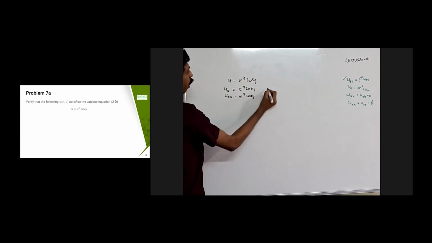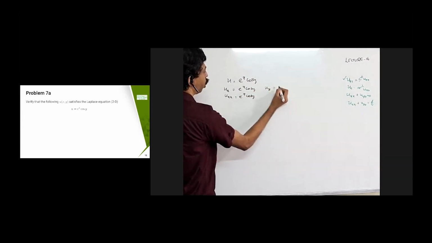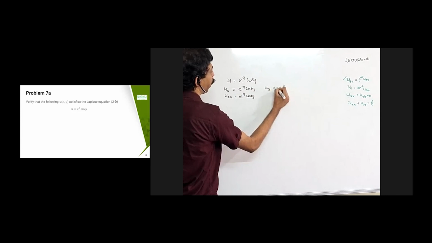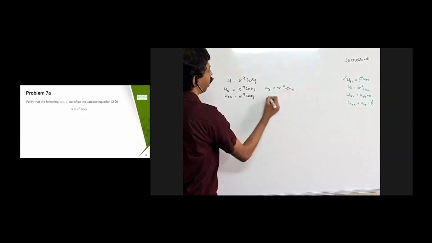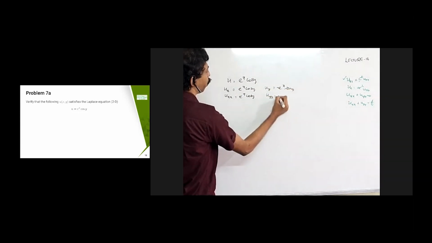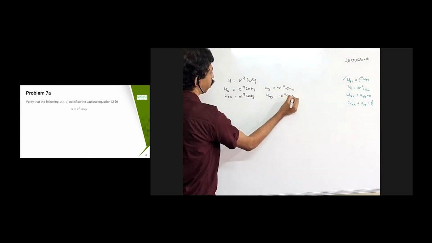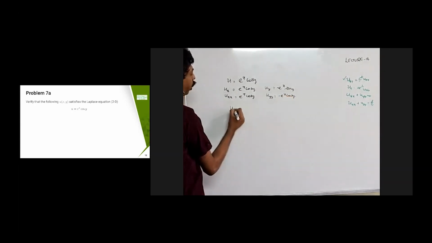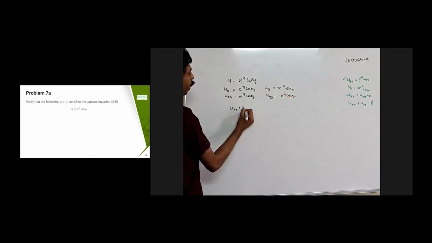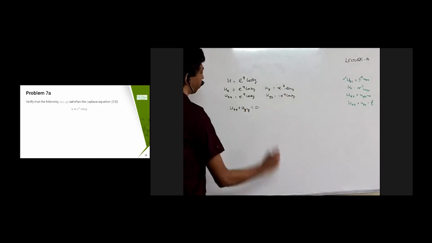And uy is going to become minus e power x sin y, and uyy is going to become minus e power x cos y. So you sum these together, therefore you are going to get uxx plus uyy equal to 0. Therefore it is satisfying the Laplace equation.